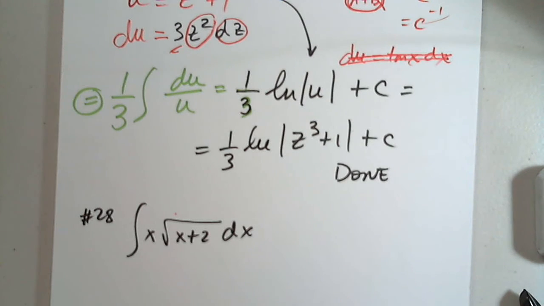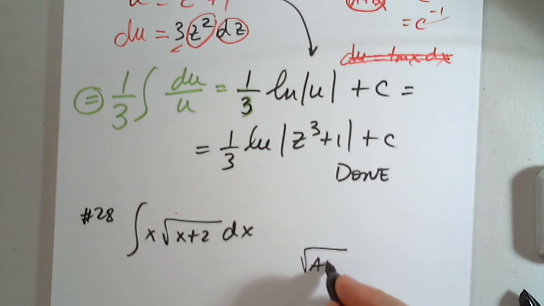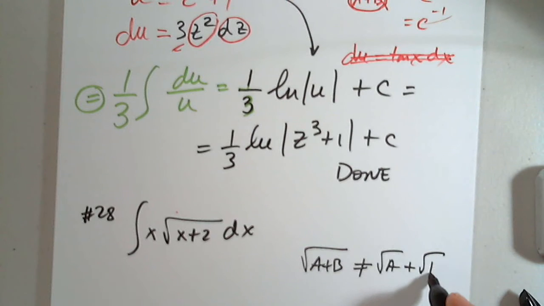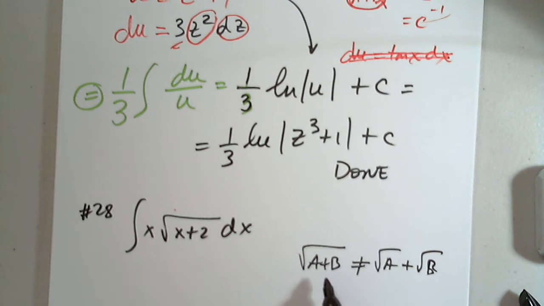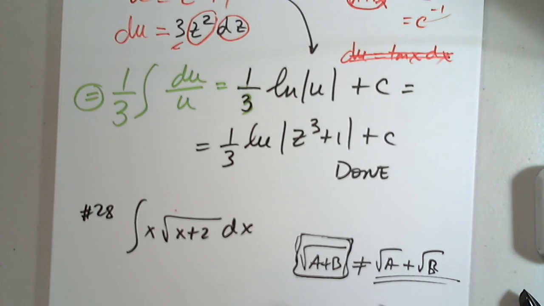Say it again. Like the x, do not like the square root of x plus 2. Yes, because the square root of a plus b cannot be simplified. You can never write this. So you're stuck with this. Completely stuck, because it cannot be simplified in any way, with minus as well.